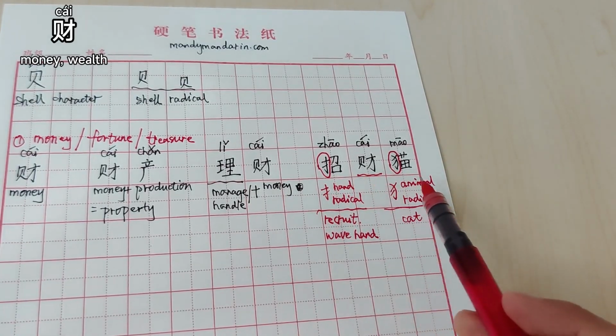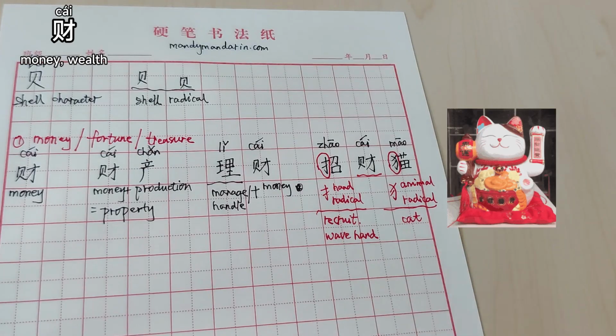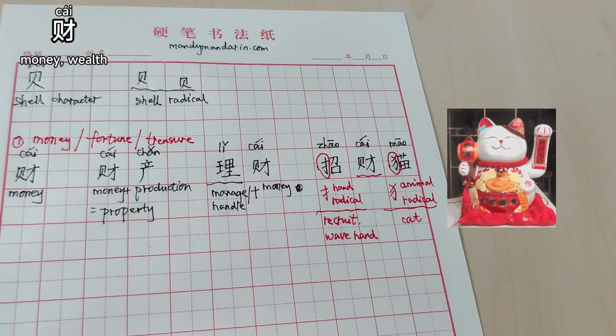So 招财猫 is that cat, as you can see in the picture. It's a very lucky symbol in Chinese culture. Usually if you walk into a Chinese restaurant, you can see there is a 招财猫 at the reception. If it's an electric one, you can see the hands waving. That's the 招财猫, which means waving hands to the fortune, attracting the fortune to come.